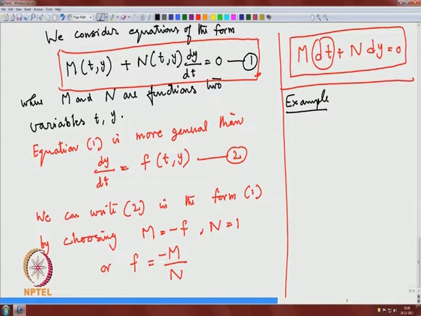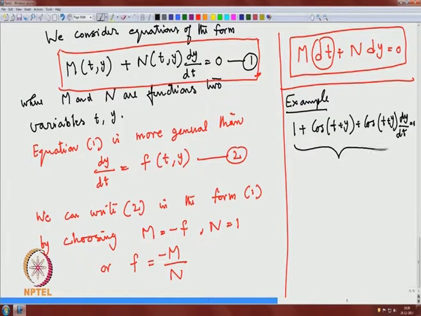Consider this equation: 1 plus cos of t plus y, plus cos of t plus y into dy by dt, equal to 0. It is not very easy to see, but you do not need much knowledge: this is nothing but the derivative of t plus sin of t plus y.